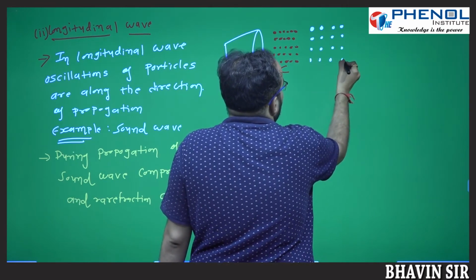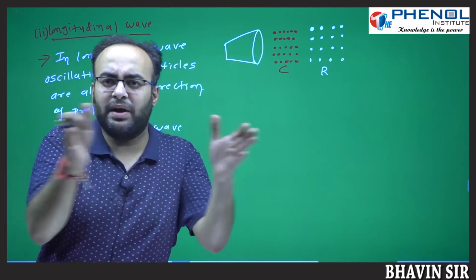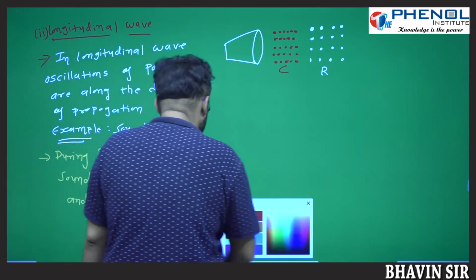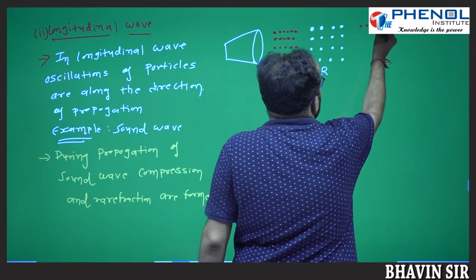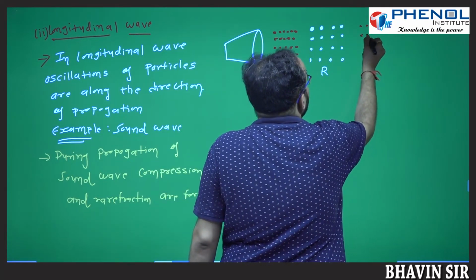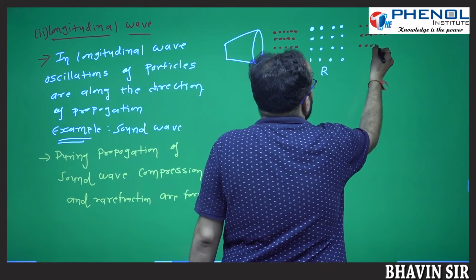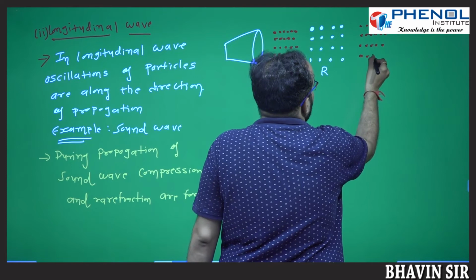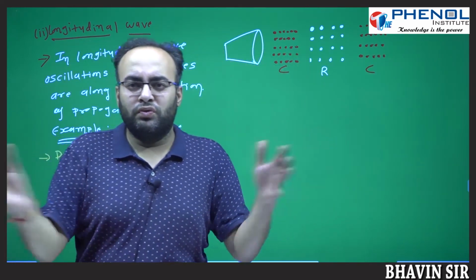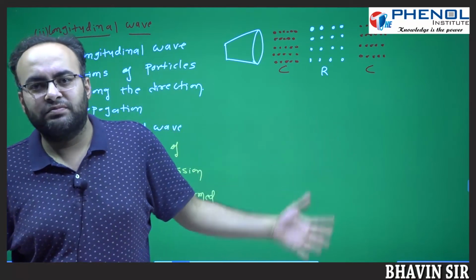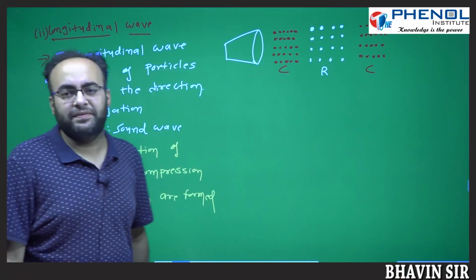Between two compressions there is one rarefaction. Again, during compression, air particles are moving towards each other, and during rarefaction, moving away from each other. So this is the compression and rarefaction.